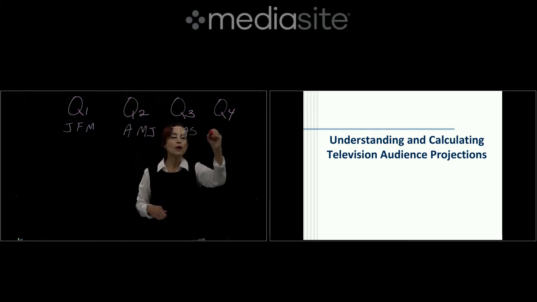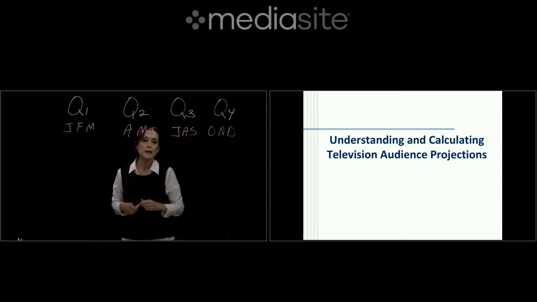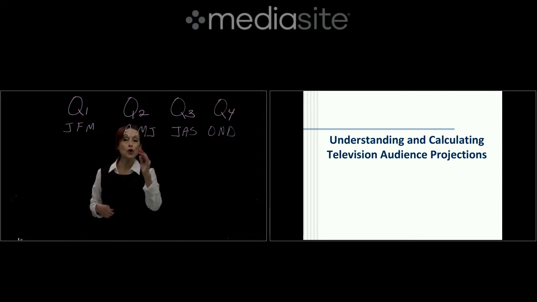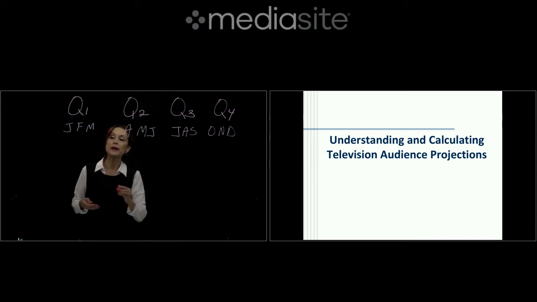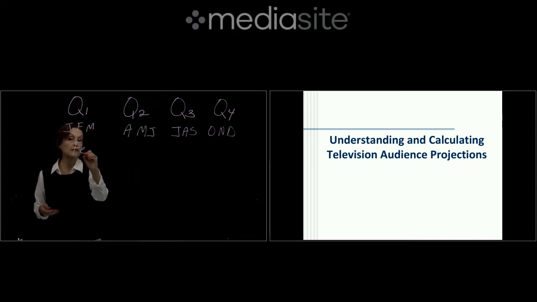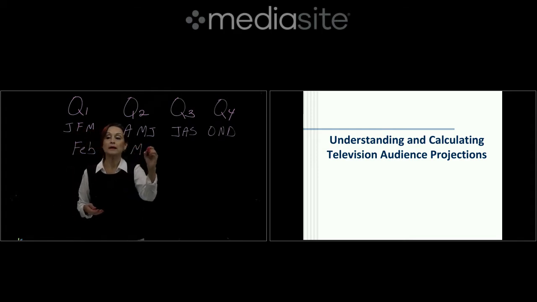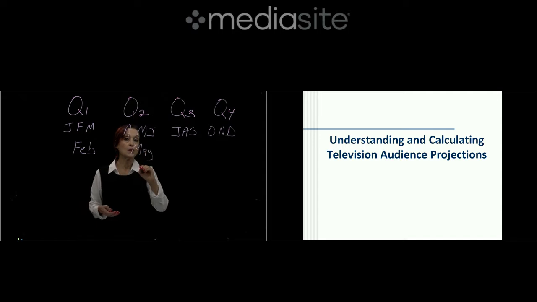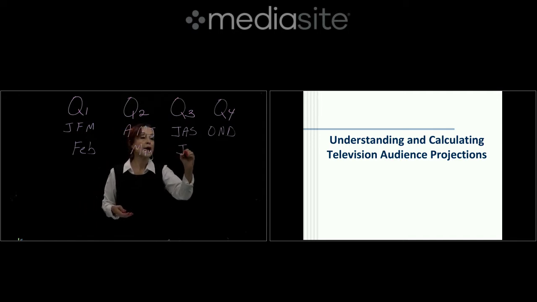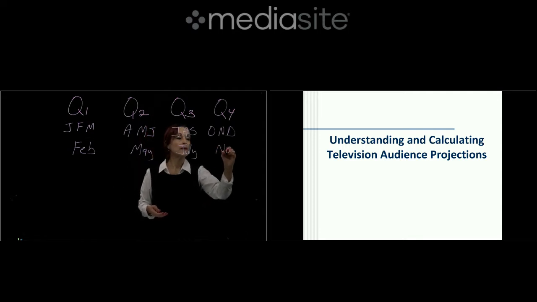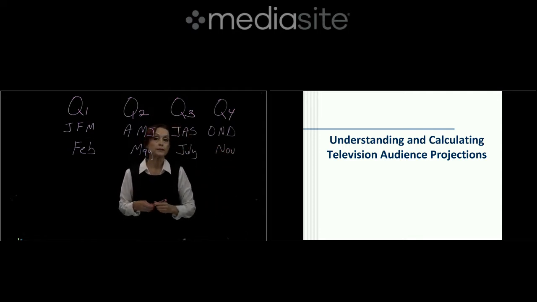And Q4 is October, November, and December. Each of these important audience measurement periods align with a quarter. So if you look at key measurement periods, you have February for first quarter, May for second quarter, July for third quarter, and November for fourth quarter.